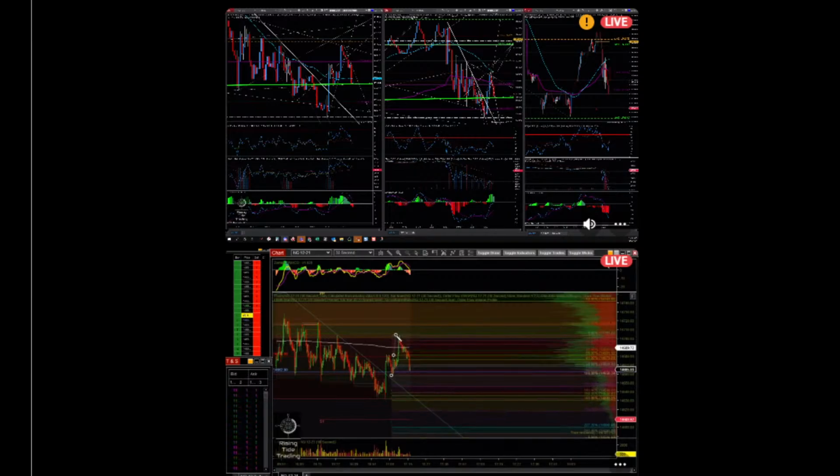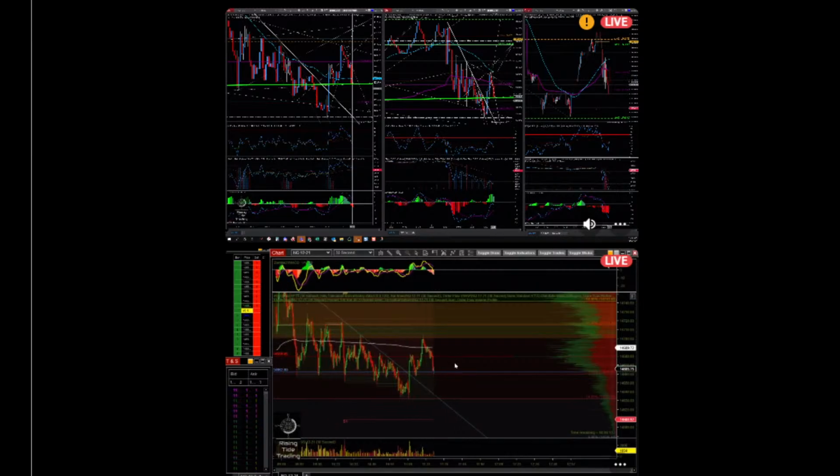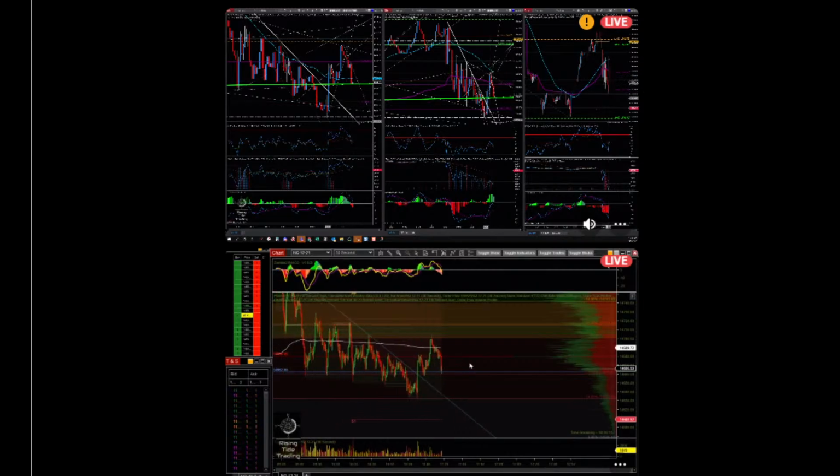You need to go all the way to the wick as well. So not here, but here on the top. Because how many points was this retracement here? 45 points, man.